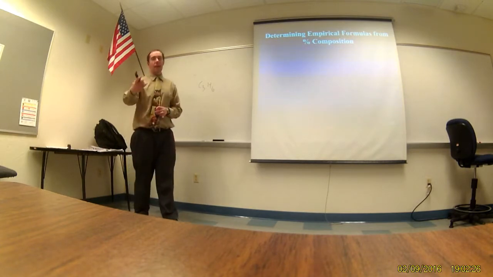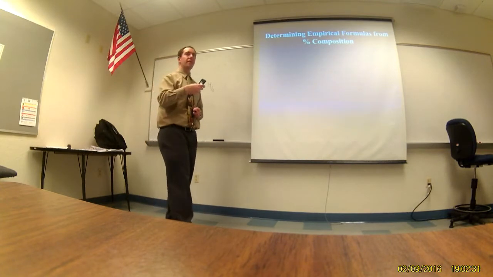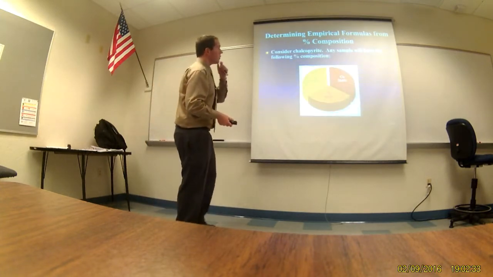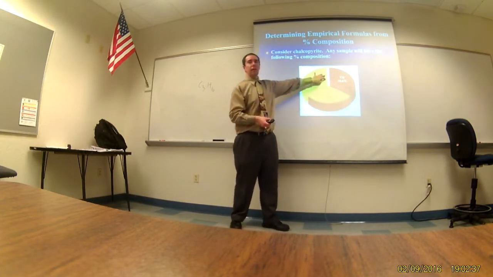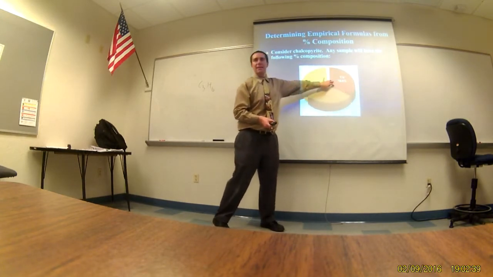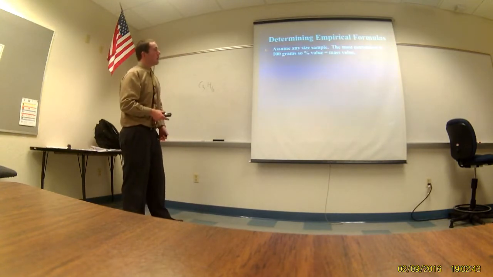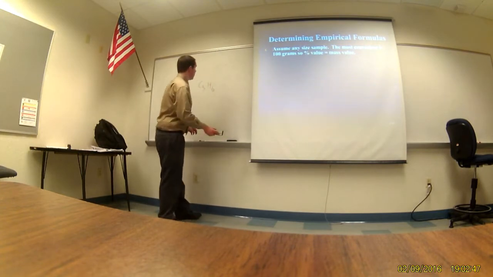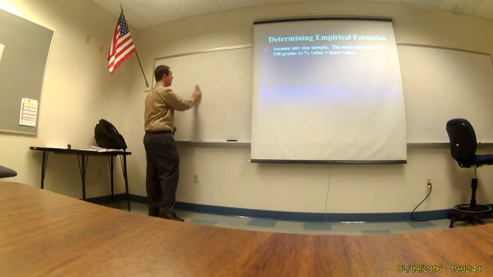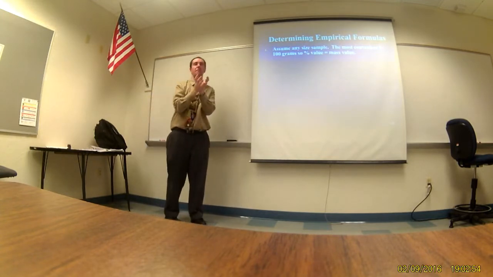We can take our percent composition and we can find the empirical formula from that. So we're going to go back to our chalcopyrite. Remember that any sample of chalcopyrite is going to have the same percent composition. When we start to find the empirical formula, the first step is we have to make an assumption about the number of grams our sample is.